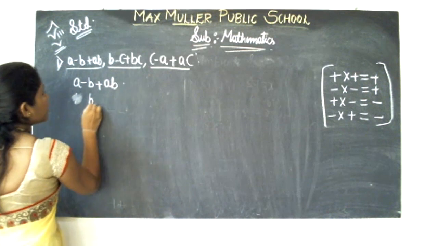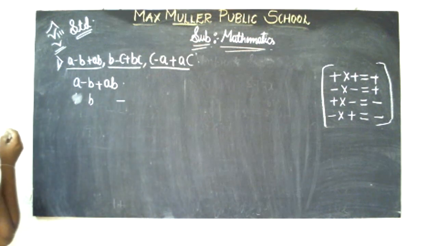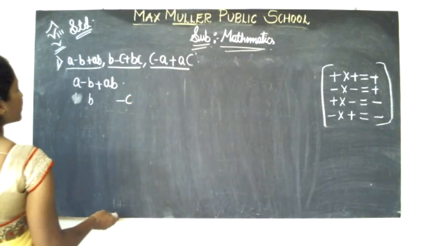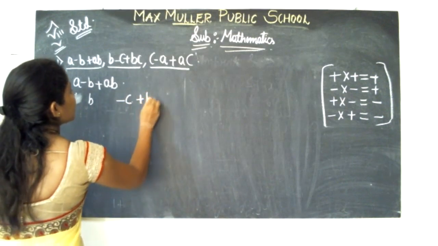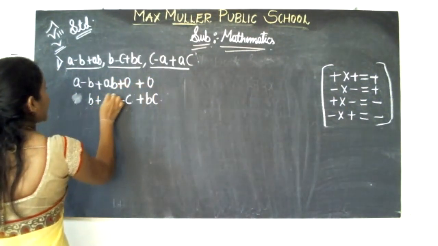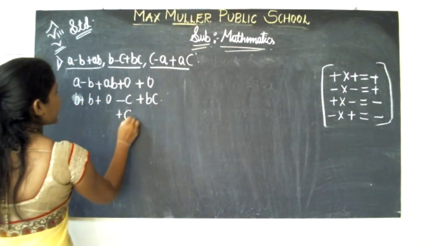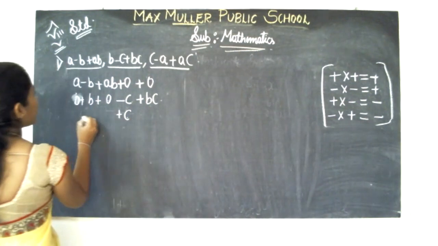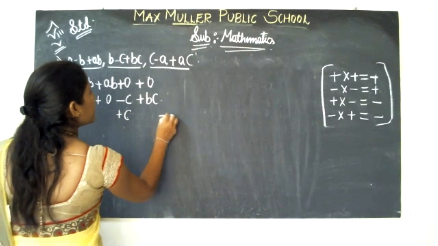See, write B under B, minus A minus B. Okay, here B minus C, minus C. Next plus BC. You have to write 0 where there are no terms. Next write plus C under C. Next minus A, under A only you have to write minus A, and here plus AC.